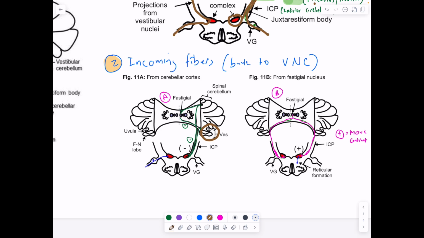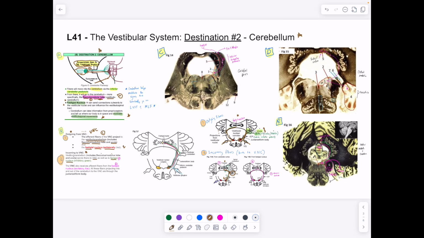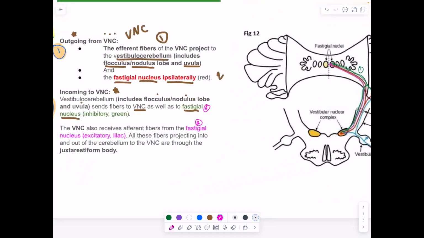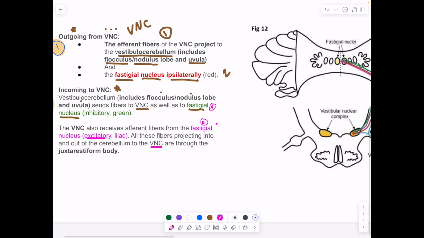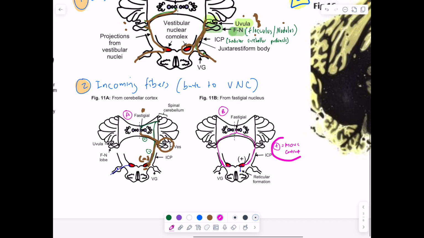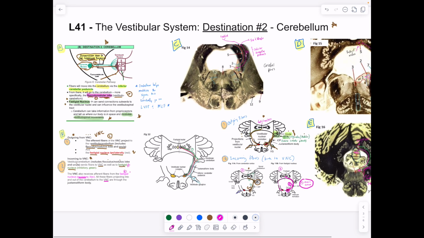This region sends inhibitory signals back to the vestibular nuclear complex, saying, don't contract as hard, okay? Then the fastigial nucleus is going to send excitatory signals to the VNC, the vestibular nuclear complex, saying, hey, you should contract harder for this particular input.